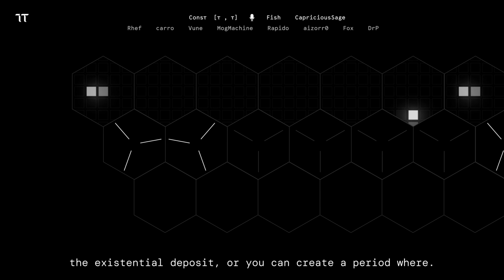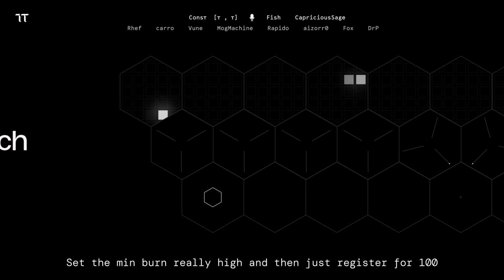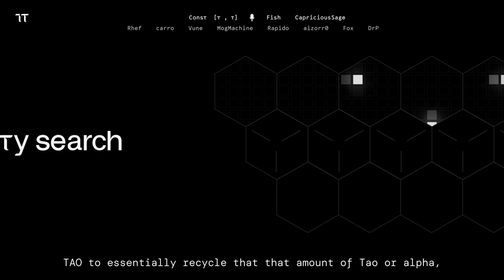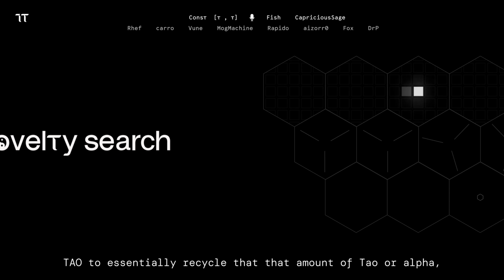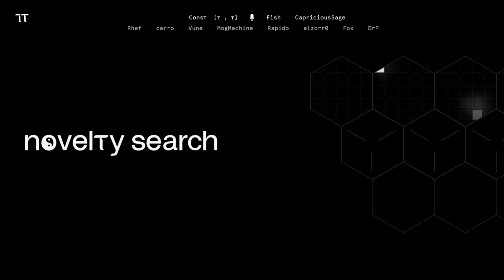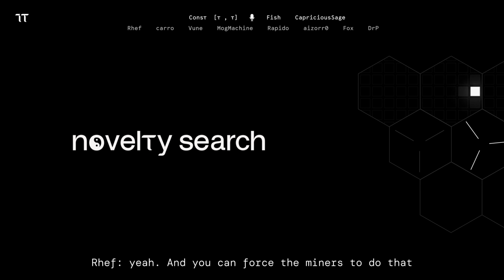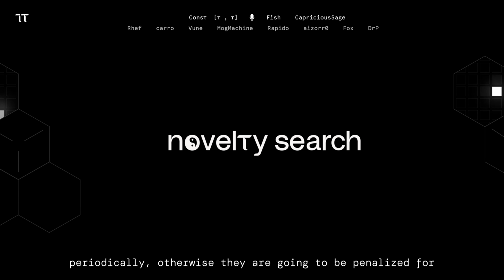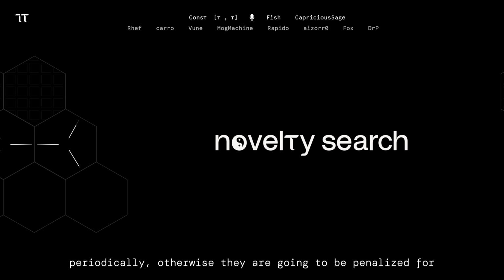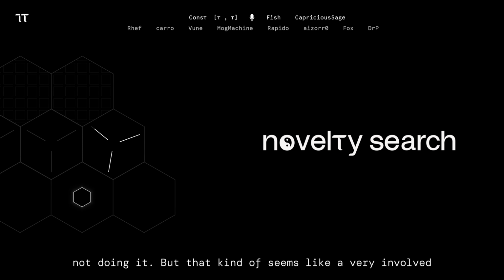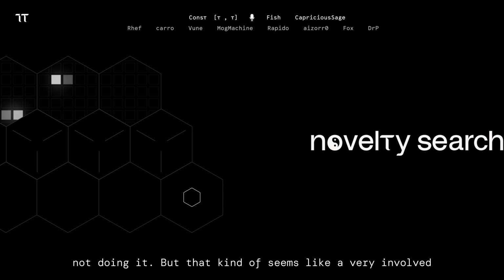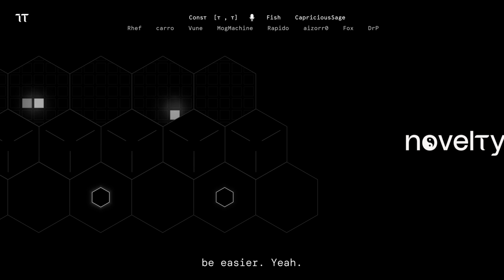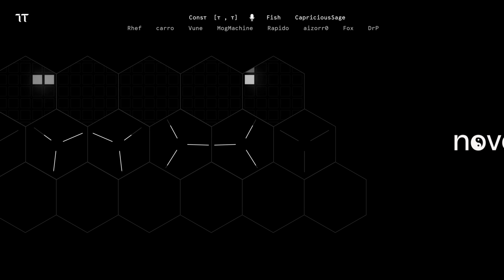Or you can create a period where you set the min burn really high, and then just register for 100 tau to essentially recycle that amount of tau or alpha. Yeah, and you can force the miners to do that periodically, otherwise they are going to be penalized for not doing it. But that seems like a very involved mechanism, and if it was just supported by the chain, it would be easier.